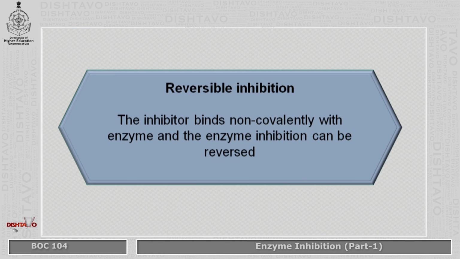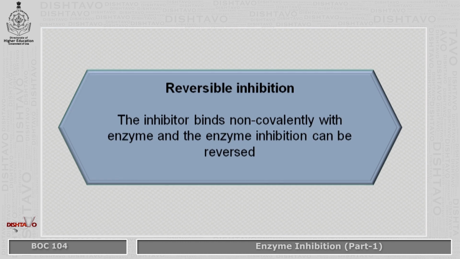Reversible inhibition. In this type of inhibition, the inhibitor binds non-covalently with the enzyme and the enzyme inhibition can be reversed. It can be reversed because of two things. Number one, the inhibitor binds with an enzyme with a weak bond, and that's why the inhibitor can be separated by dialysis.